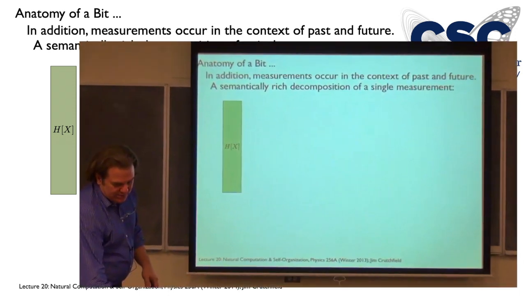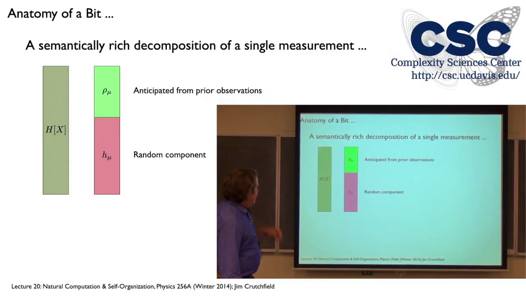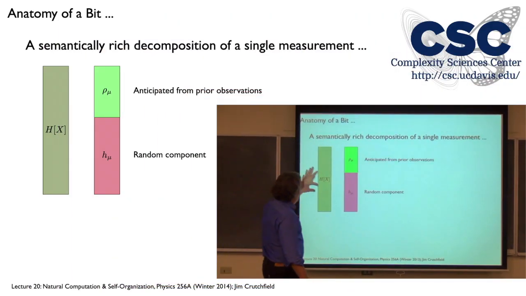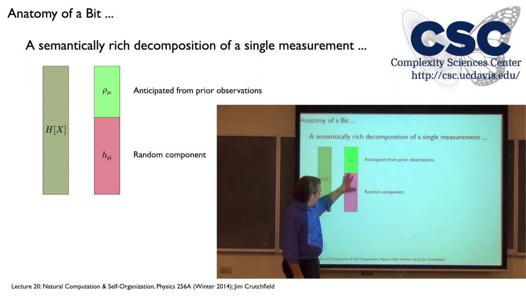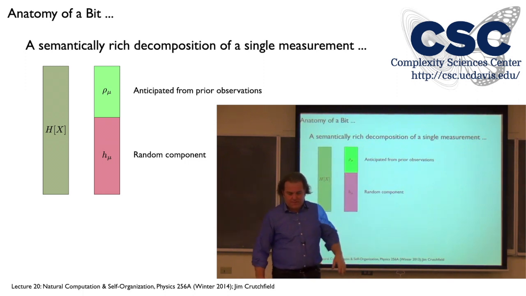Okay, so there's a first cut, and we're familiar with what h mu could be, the intrinsic randomness, and then there'll be a piece of the single symbol entropy which is anticipated from prior observations.